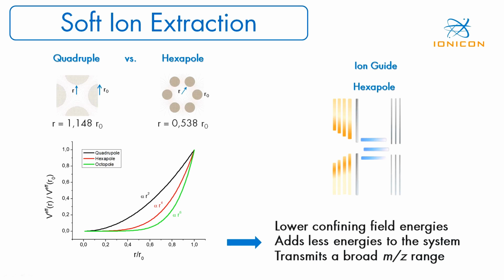The hexapole guides the ions into the ultra-high vacuum of the TOF-MS, while the residual sample gas can be efficiently pumped away. The advantages of a hexapole ion guide compared to a quadrupole ion guide that other manufacturers use are the typically lower confining energies needed and the broader mass over charge range that can be efficiently transmitted.